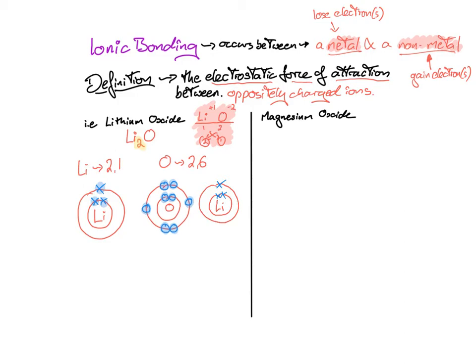So let's look at this transfer. Lithium has 1 outer shell electron. That is going to be transferred into this gap on the oxygen. It hasn't gone there yet, but it will go there. If we add that electron in on the oxygen, that means the oxygen will have 7 outer shell electrons, still not complete.